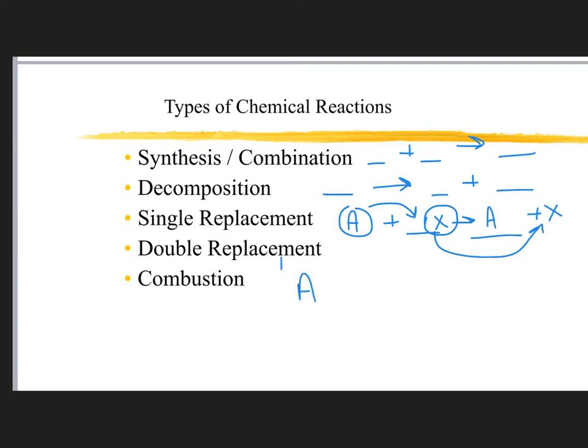So for the double replacement, say I have 2 compounds. This reminds me of foil. The cation of one and the anion of another will bond. And then the other cation anion pair bonds, but it's always cation first. So it looks something like that.